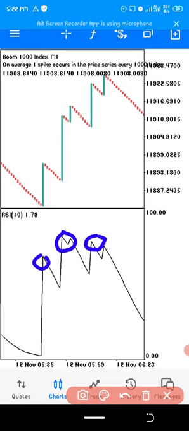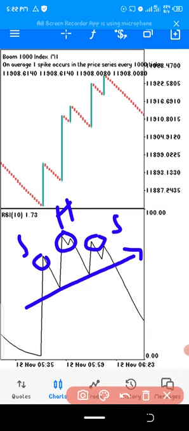The first peak is the left shoulder. I told you guys in the last video, the highest peak is always the what? The head. Then the other peak is the what? The right shoulder. And I have my neck, which is a connective line that connects the left shoulder and the right shoulder in an upward direction.